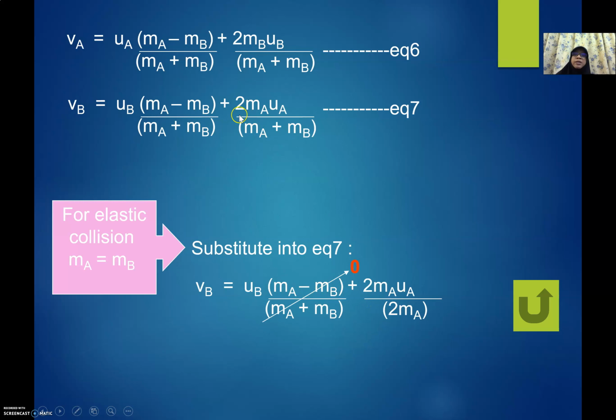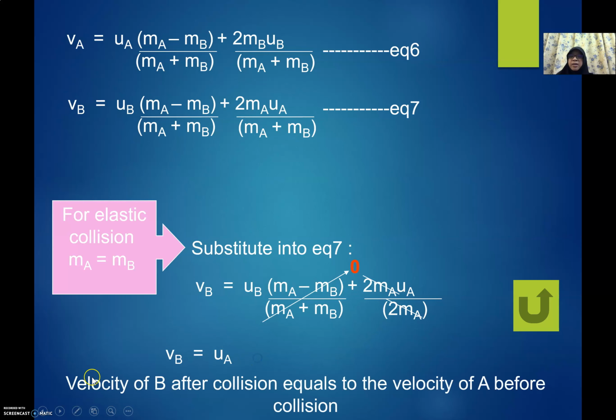Then for MA plus MB, we choose MB equals MA, so that we get 2MA, which is the same as the above value. So we can cancel out 2MA here, and VB equals UA. So this means that the velocity of B after collision equals the velocity of A before collision.